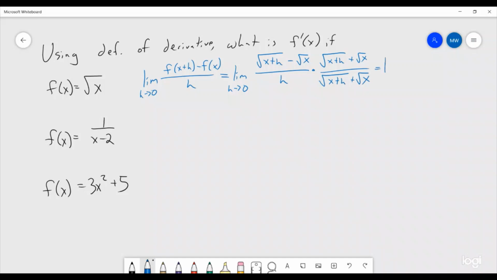And this will become the limit as h goes to 0 of x plus h minus x, divided by h times square root of x plus h plus square root of x.